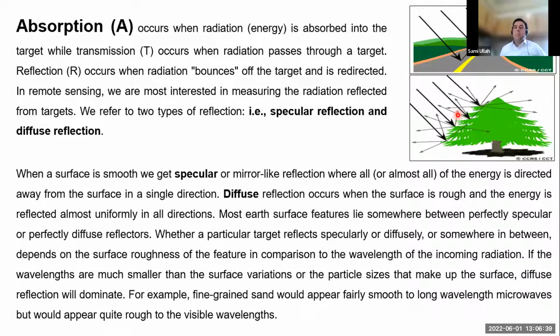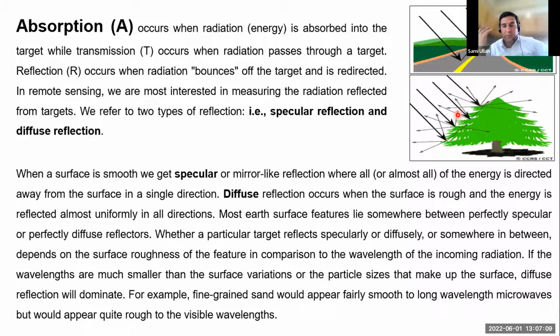Because of these different reflections, diffuse, specular, and in the middle, we are identifying different objects on the surface of the Earth. Because of different reflection, and different intensity and different wavelength of electromagnetic radiation, we are differentiating between different objects.